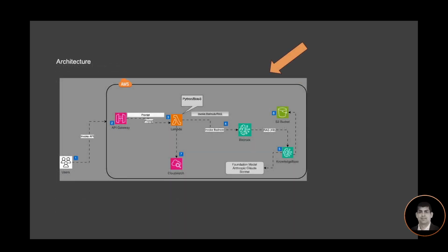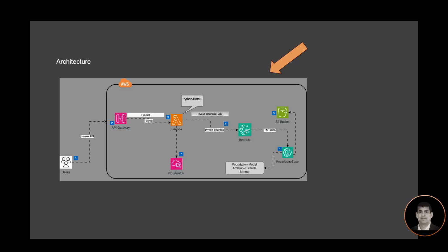Let's look at the architecture. We have the user or the consuming app invoking the API, which is hosted via AWS API Gateway. A prompt is being passed. Prompt is the question that the team is asking, and it's being passed to a Lambda function, which is written in a Python Boto3 library, and Lambda is invoking the Amazon Bedrock API.